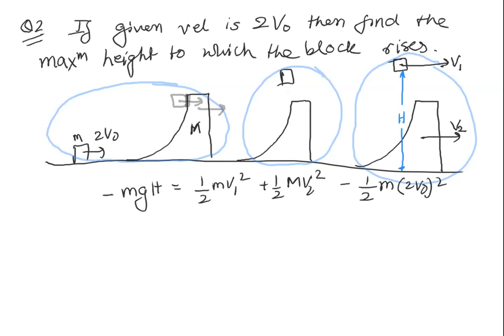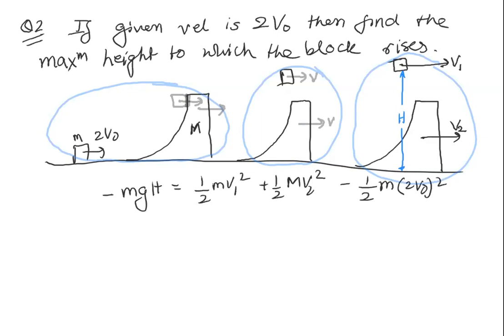So if at this position the horizontal velocities of both the block and the wedge are the same, then in this position also the horizontal velocities of the block and the wedge must be the same, because the moment the block surpasses the wedge, there is no external force individually along the x-axis either on the wedge or on the block.